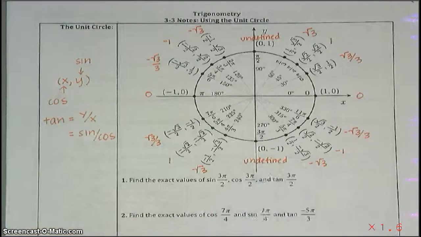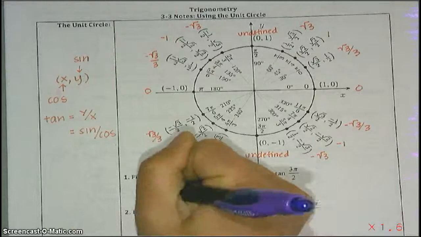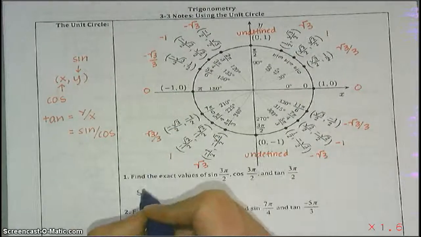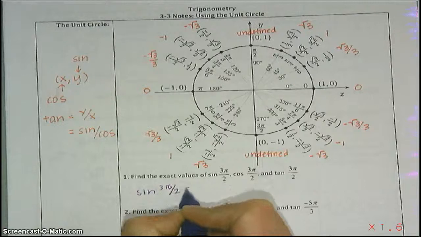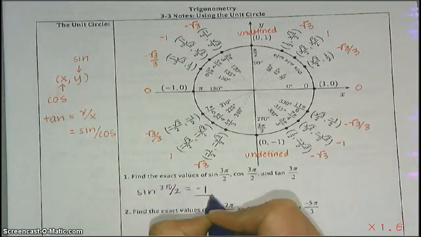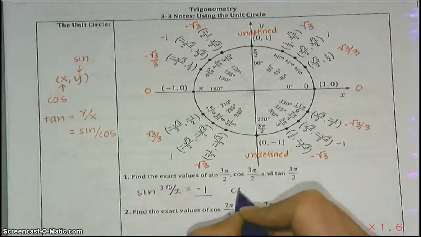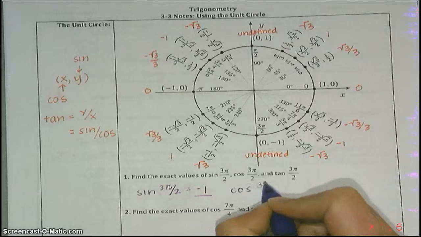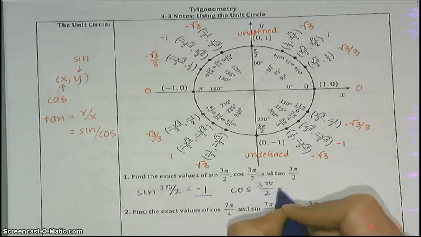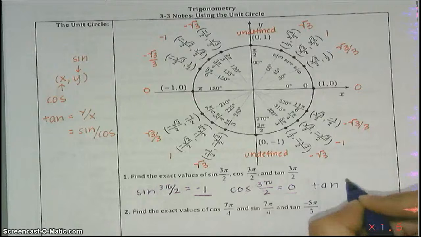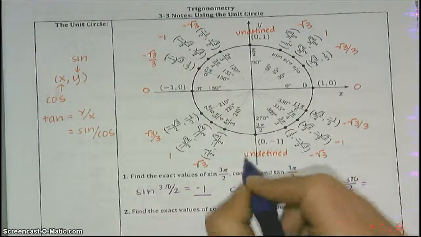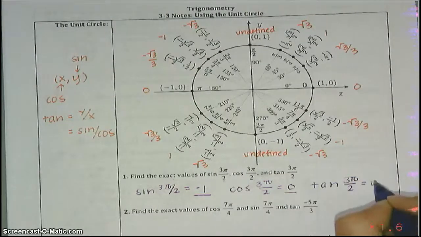And the y value at 3π/2 is -1. So sine of 3π/2 is equal to -1. Cosine at 3π/2 is the x value, which is 0. And tangent at 3π/2 is the value that we wrote on the outside, so it's undefined.